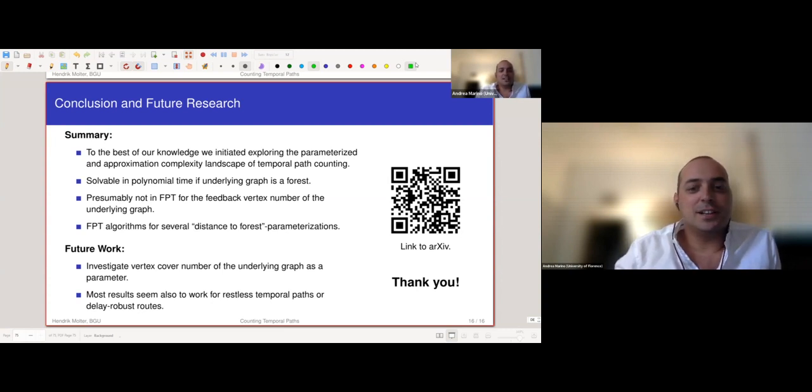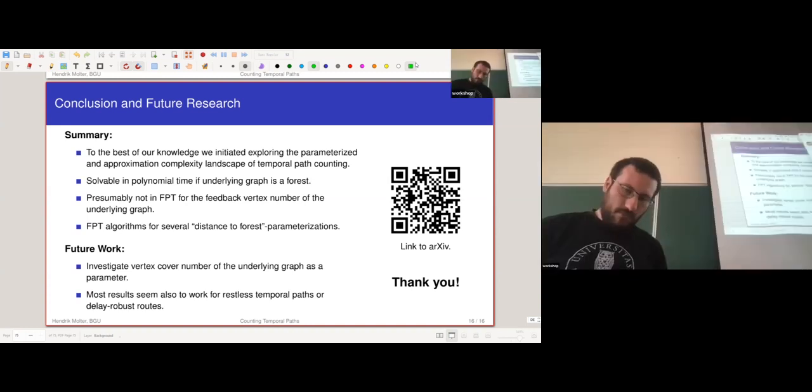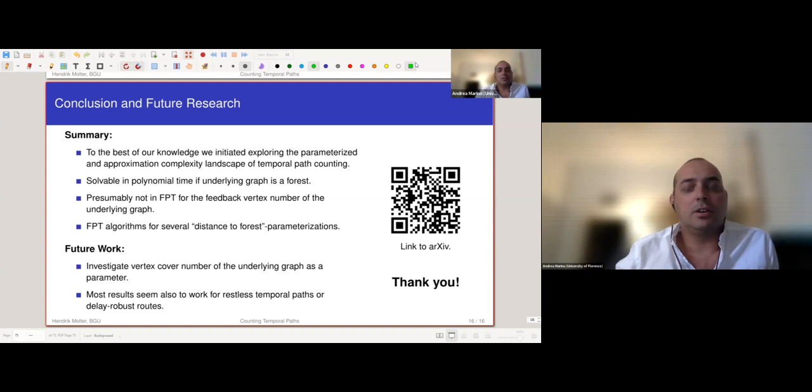And just a remark. At some point, we were also investigating listing, enumeration of temporal paths, without repetition. And counting somehow is related to listing, especially when it's hard to do.